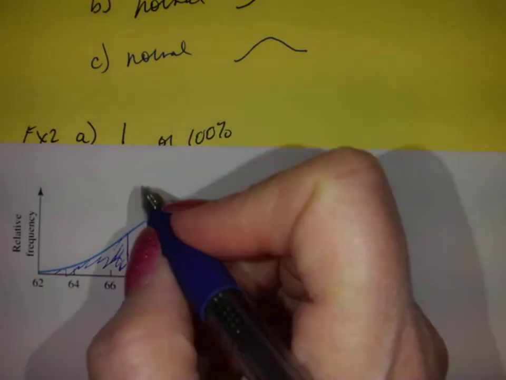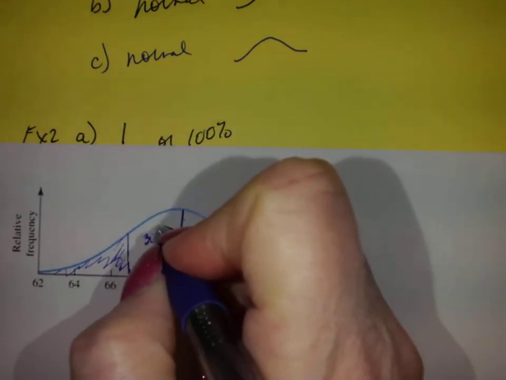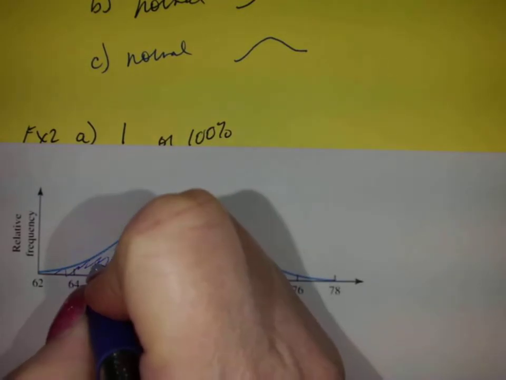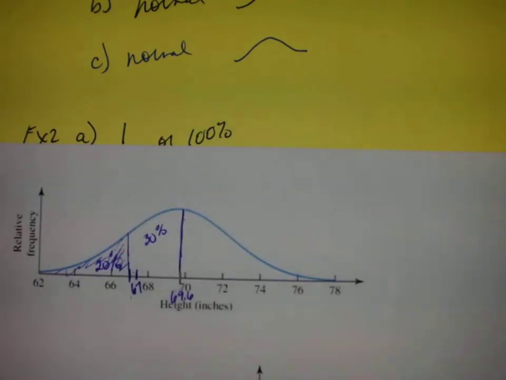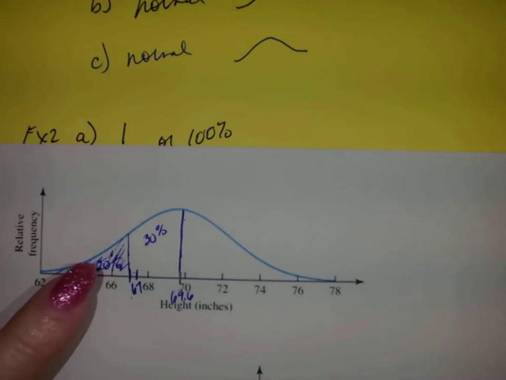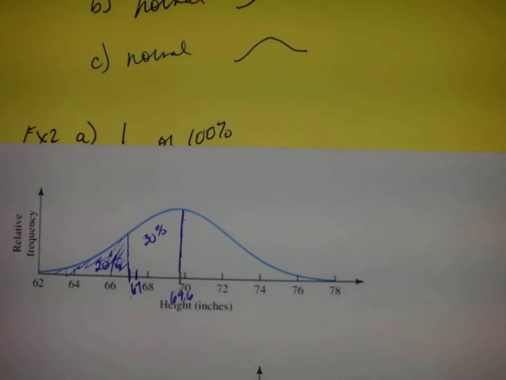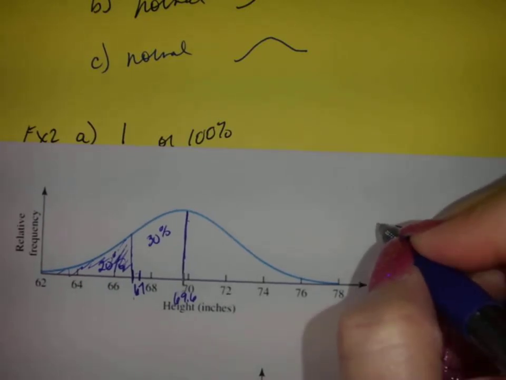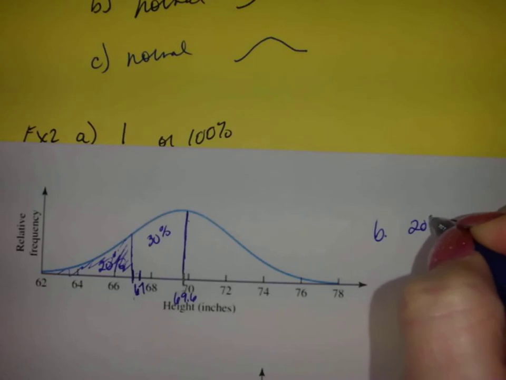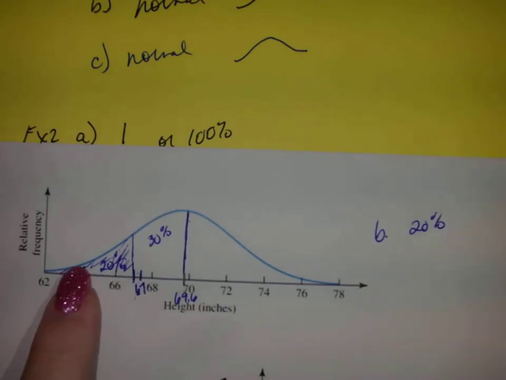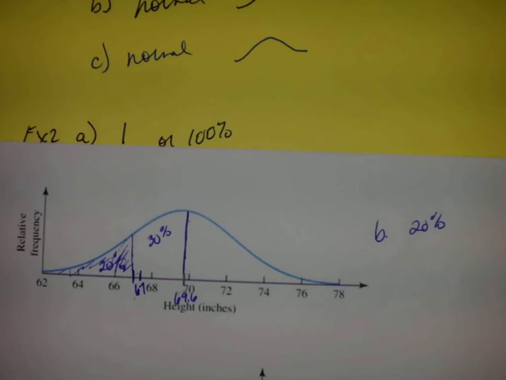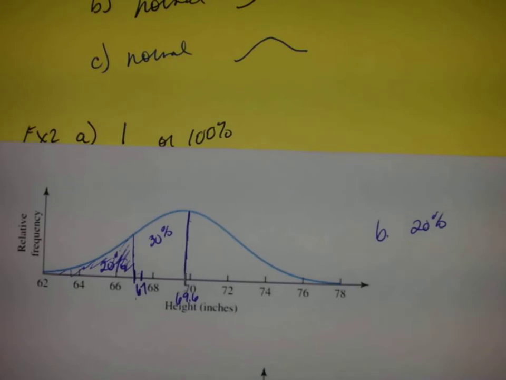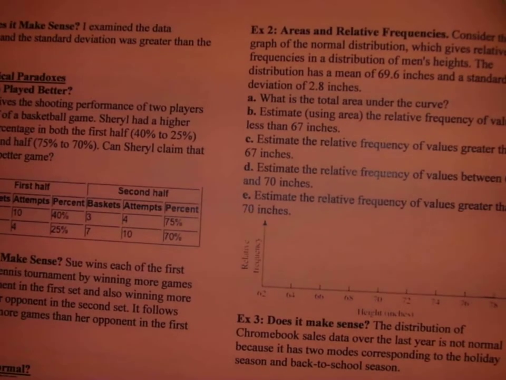Because this one has a little more, I'm going to say this is about 30% and this one is about 20%. Okay, so I'm saying this part is 20%. So for part B, I'm going to say the area less than 67 is going to be 20%. Okay? All right, now let's go look at our next question.